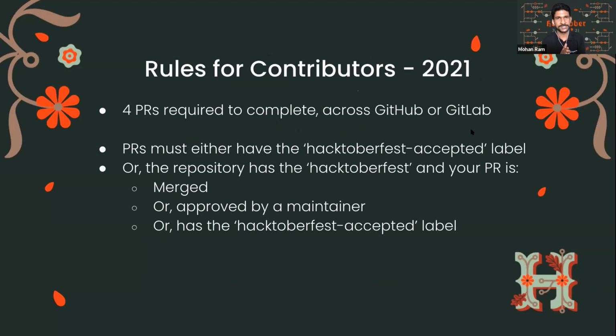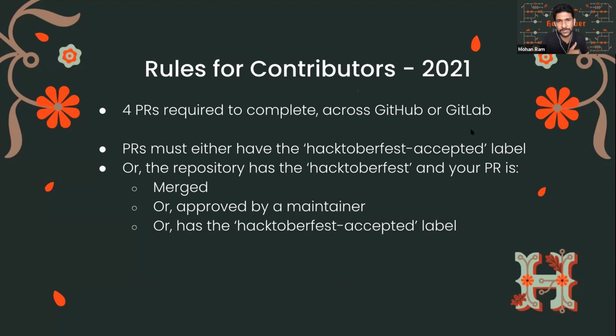For contributors, again, listen carefully because all of this could be helpful for you as you participate in Hacktoberfest, but also as you participate in the quiz later on, right? These are the rules for contributors. You need to complete 4 pull requests across GitHub or GitLab, and these PRs must either have the Hacktoberfest accepted label, or the repo itself should have the label Hacktoberfest, right?